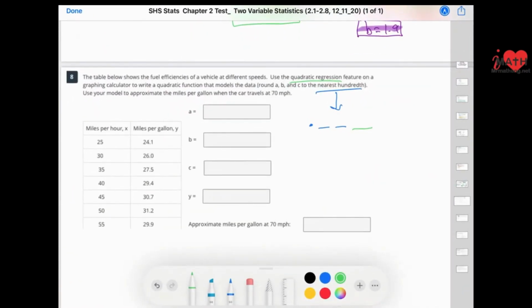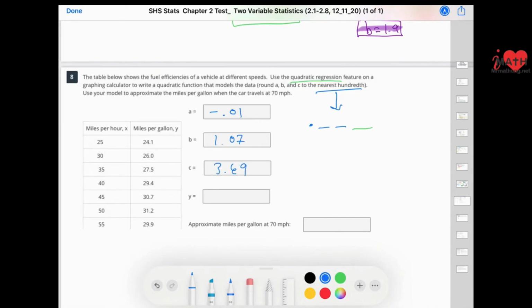Okay, so they want us to round to the nearest hundredth. So a is going to be negative 0.01. b is 1.07, because I looked at the third one, it's higher than 5, so we round the 6 up to a 7. c value is 3.69.